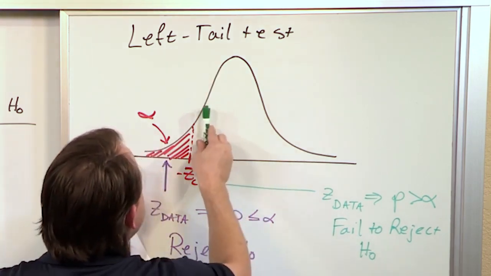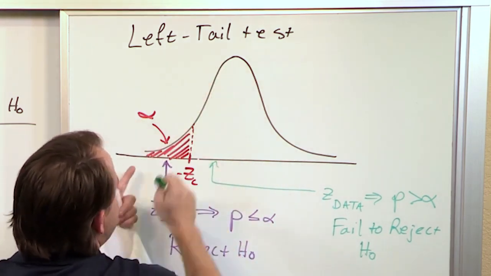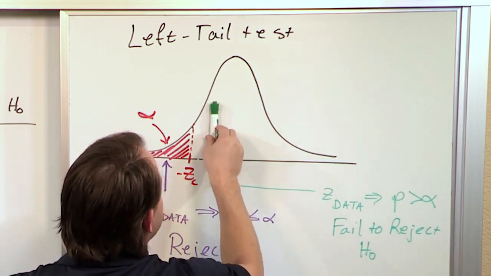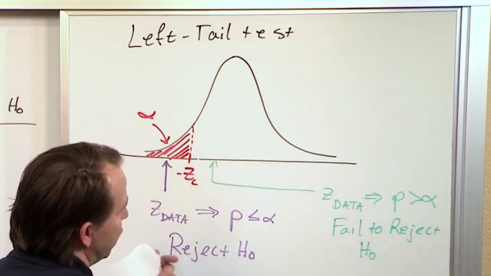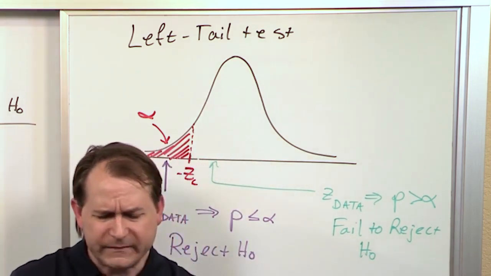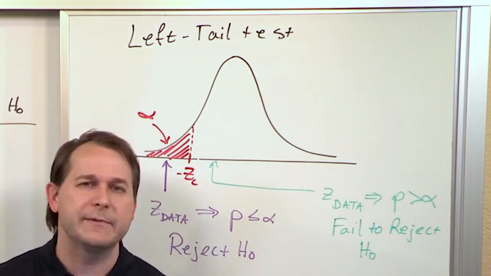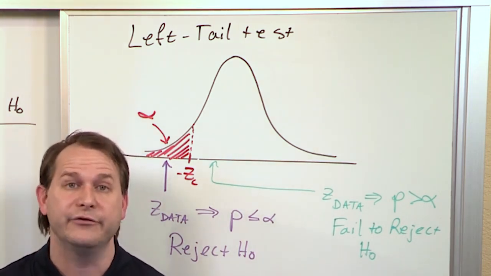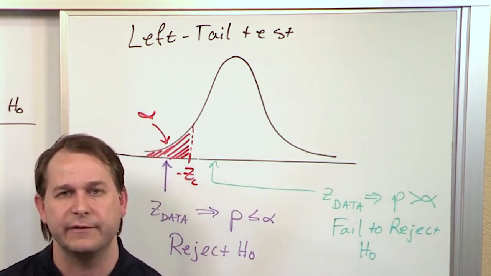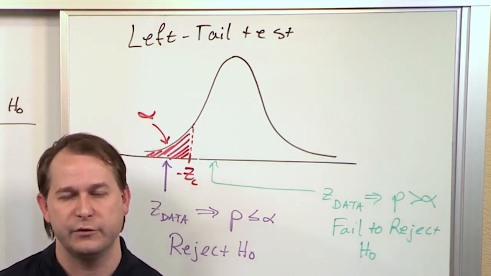If your p-value is bigger than the area that you have in the tail, that means your test data must be outside the rejection window. So hopefully I've given you some understanding of why p-values do exactly the same thing as rejection regions. There really is no difference between the two concepts.